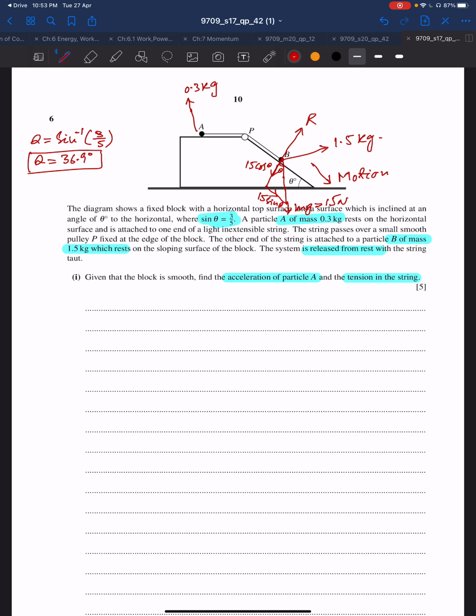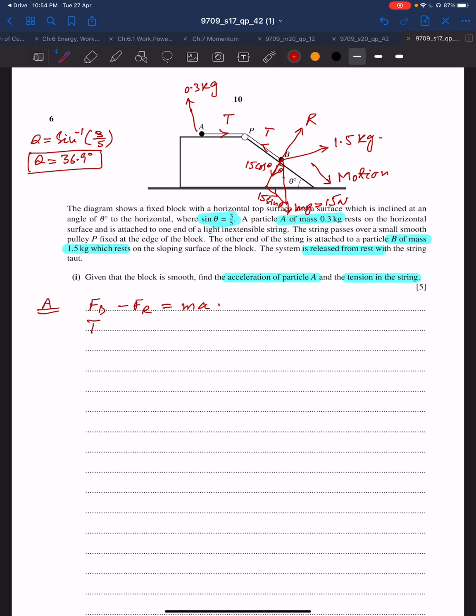The tension in the cable will be the resistance for B. For A, tension will work to this side, in the direction of motion. There will be no resistance as the box is smooth. So for particle A, driving force minus resistance force is equal to net force.